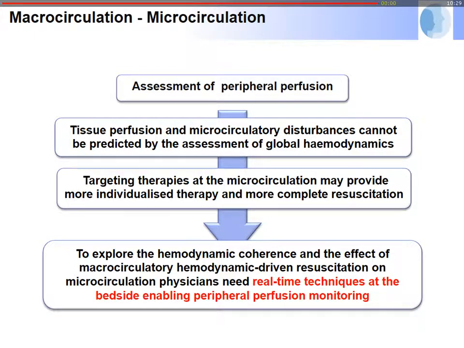We have to prove this, because most of the time right now it's indirect and retrospective proof. And so we need more real-time techniques at the bedside. There is a lot of work to do, but such an exciting story. Thanks a lot.